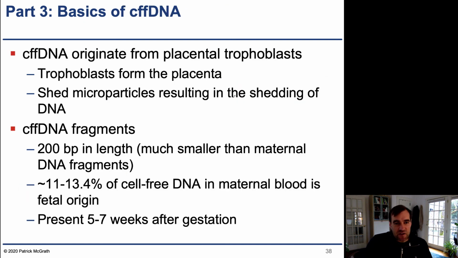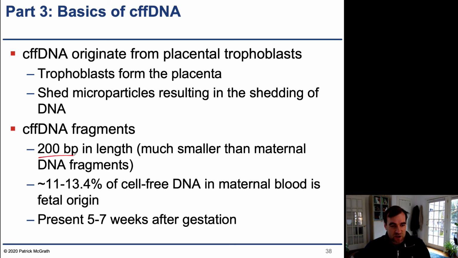The cffDNA originates from placental trophoblasts. These are cells that form the placenta, but these are cells that are actually from the fetus, that are used to create this placental organ. They shed microparticles, resulting in the shedding of DNA.